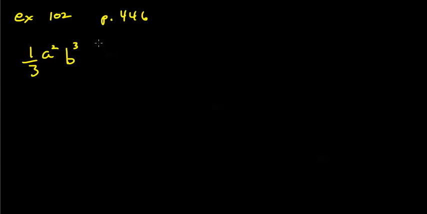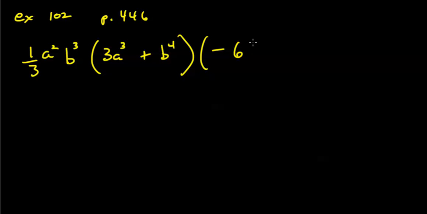It is a little nasty looking. Alright, 1/3 a squared b cubed times 3a cubed plus b to the fourth times minus 6b.